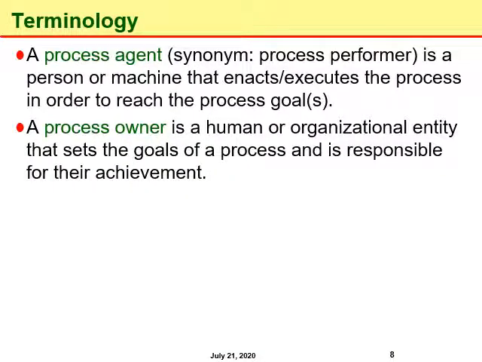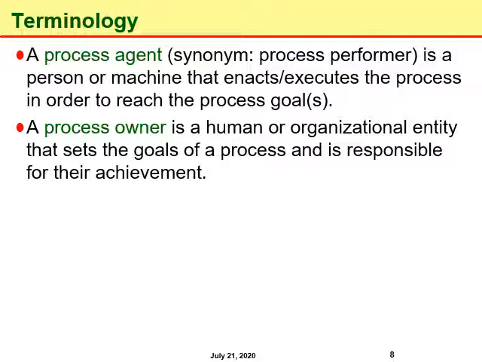Then the next terminology is process agent. A process agent is, in fact, a person or machine that enacts or executes the process in order to reach the process goals. Then, process owner.